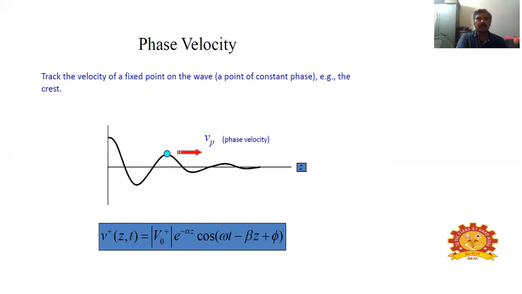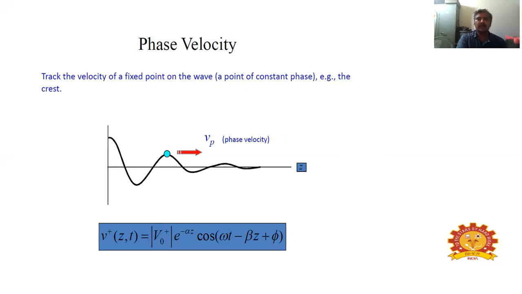Just coming to the phase velocity. We track the velocity of a fixed point on the wave, so we have to identify a fixed point on the wave. As you can see in the diagram, here we have taken the fixed point as the crest point, where the velocity is taken as v of p, which is nothing but the phase velocity.